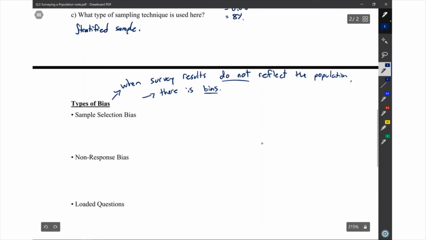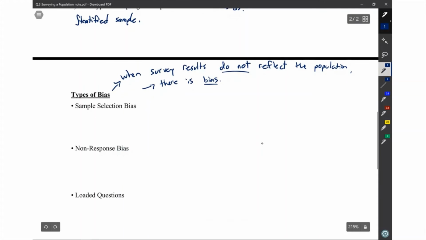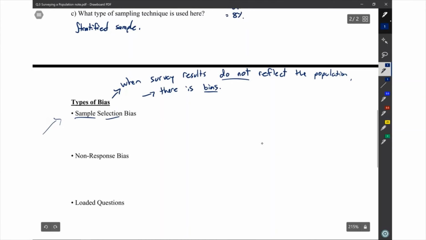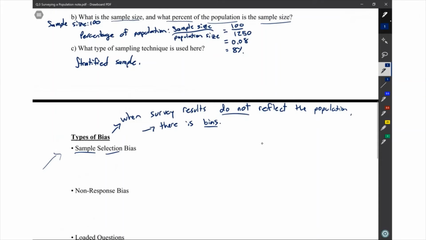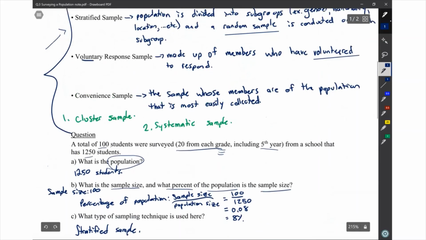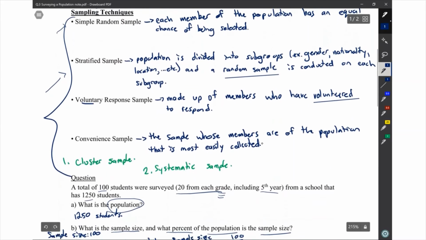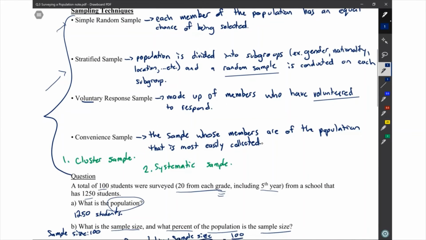Now there could be a few different reasons for the survey results not reflecting the population. Some of the common ones are listed here again. So our sample selection bias. This affects our result when there was a mistake in choosing our sample.